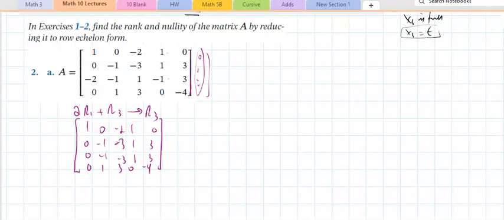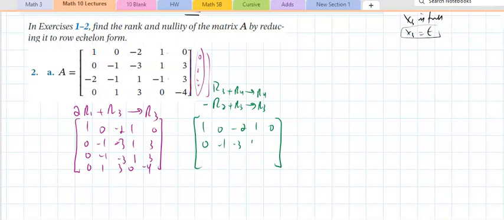Okay, now if I take negative row 2 plus row 3 and put it in row 3, and if I take row 3 plus row 4 and put it in row 4, using but not changing. If I multiply this by a negative and add it to that, that would be 0, 0, 0, 0, 0.